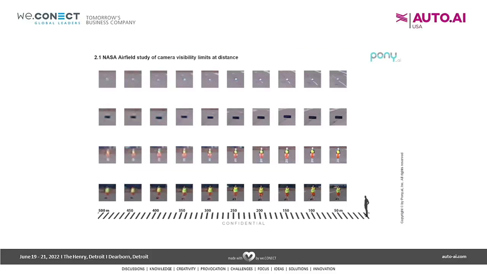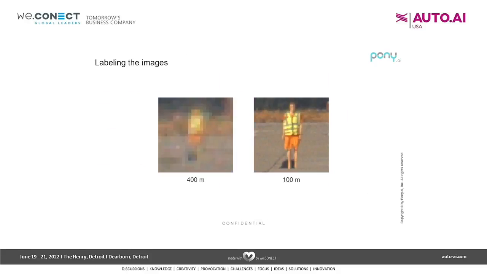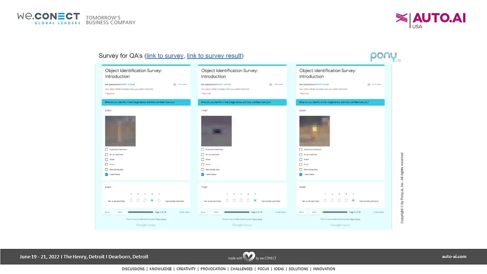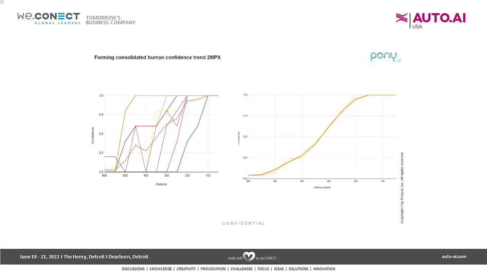Before that we shuffled them all, so nobody knows what the actual distance was. You see the difference is quite significant, like 100 and 400. I'm not sure that this is a pedestrian on the left, but on the right I am very confident, more than half.